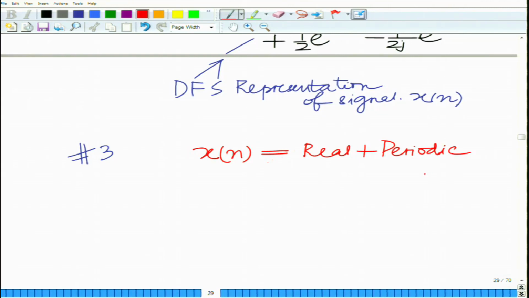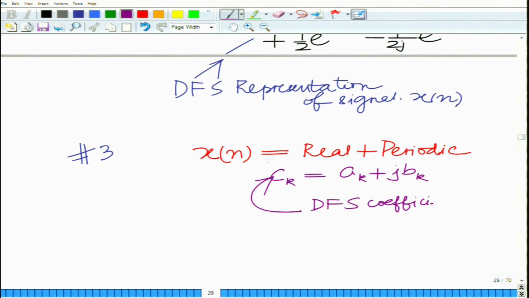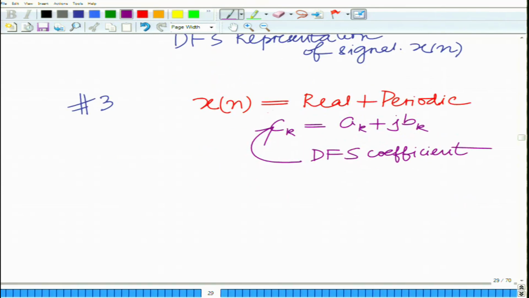Okay. So, it is a real periodic sequence, and the given DFS coefficient C_k can be expressed as a_k plus j b_k.